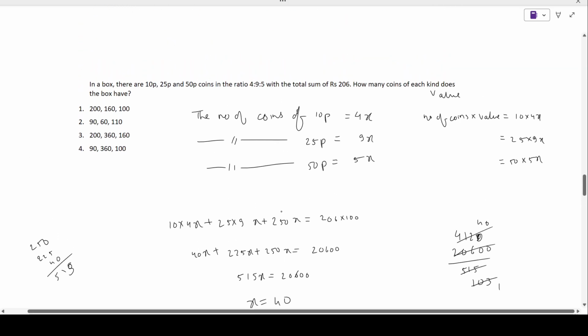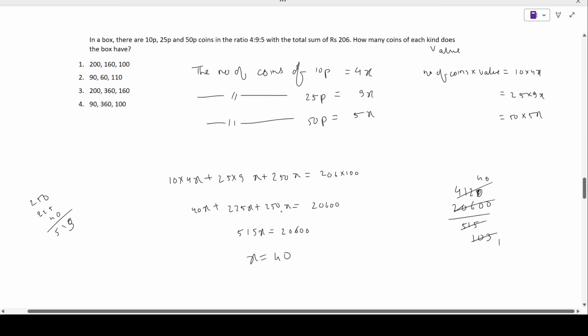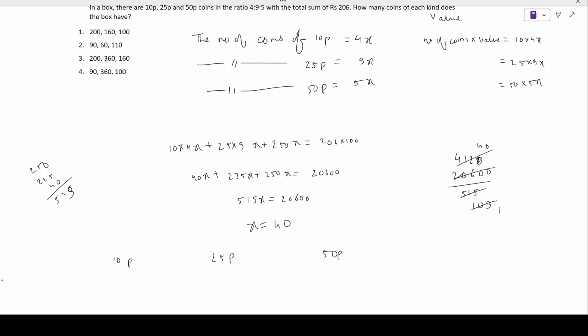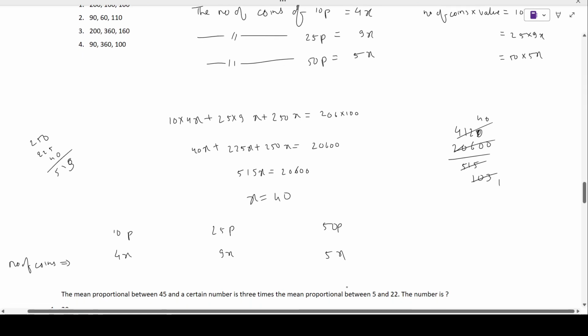The question we are asked, how many coins of each kind does the box have? The coins of 10 paise, 25 paise and 50 paise. Number of coins: for 10 paise we have 4x, for 25 paise we have 9x, and for 50 paise we have 5x. Multiplying the value of x, we have 4 fours are 16, 160.